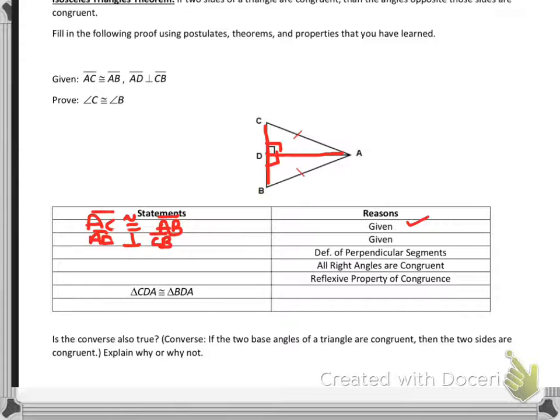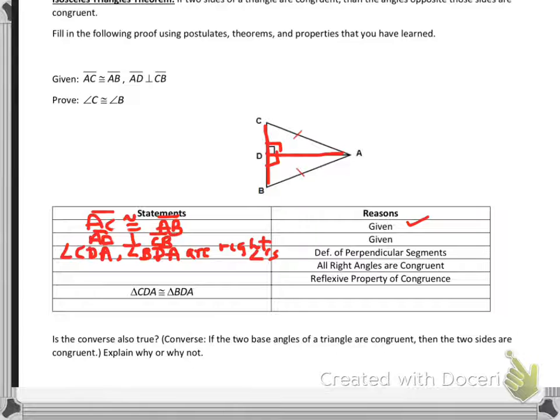Okay, so our next line is going to be to say angle CDA and angle BDA are right angles. The reasoning for the next step is that all right angles are congruent.